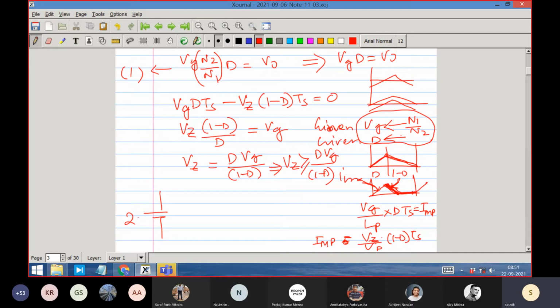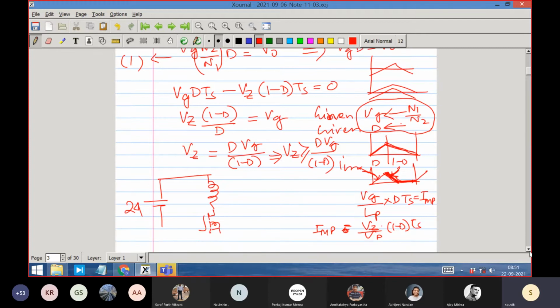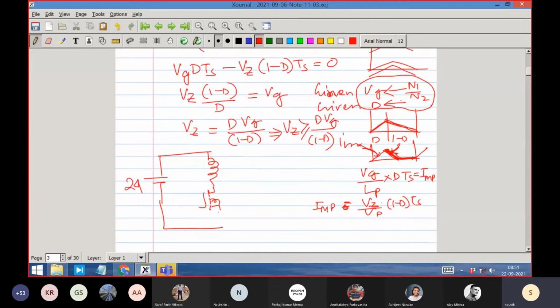Let us take one example. This is 24 volt. I am just doing it from my mind, and this is an inductor, and this is the switch. Let me give you some values so that maybe it is slightly clearer. Let us say N1 to N2 is 1 to 2. So 24 volt comes here as 48 volt.